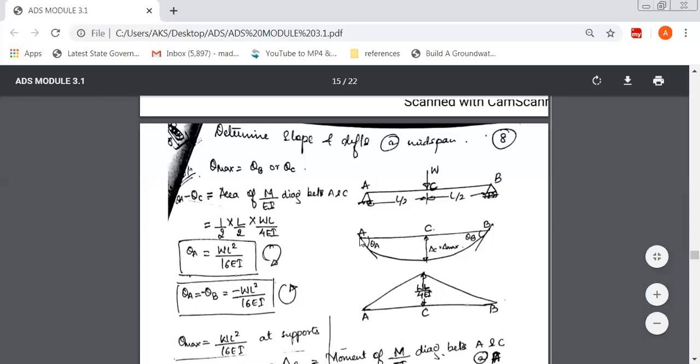Next, at A, just draw a tangent like this, straight. Draw a tangent with respect to the point and the deflected curve.